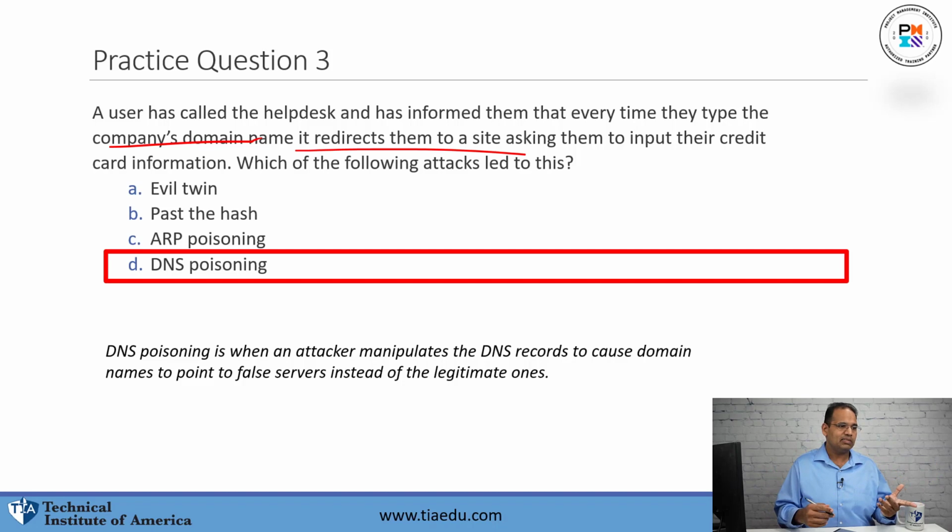So I thought that was pretty easy because DNS was there and domain name was there. What DNS poisoning is, they poison the DNS cache on your computer, or they poison the DNS server, and basically it changes, let's say Facebook's IP is a particular number, and it then changes that number. So when you type Facebook, it redirects you to a whole other web server. Dangerous stuff. This is generally done by malware.